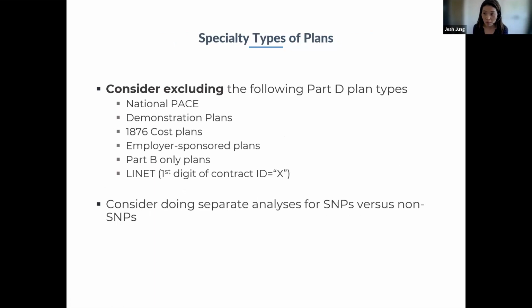So comparing drug utilization between the general Part D population and the enrollees in these types of plans might not be really fair or reasonable. So you want to exclude national PACE, demo, cost, employer-sponsored plans, Part B only plans, and LI NET plans.